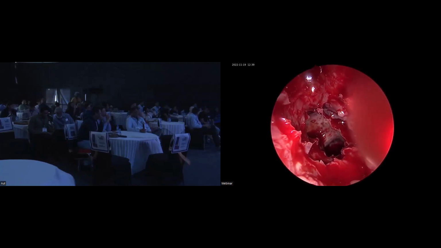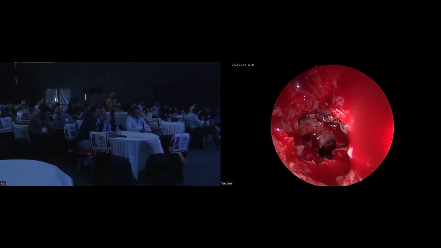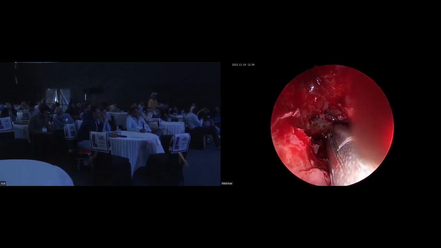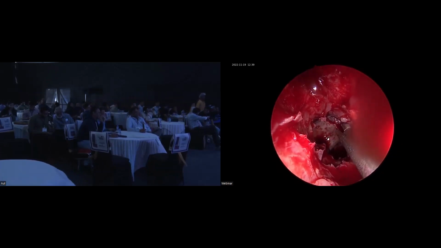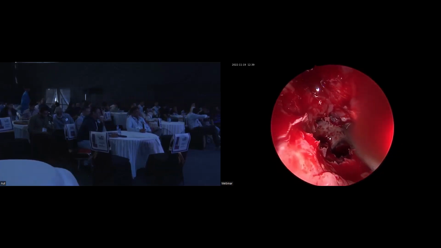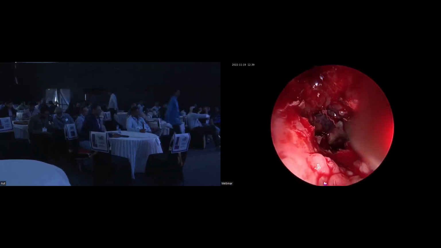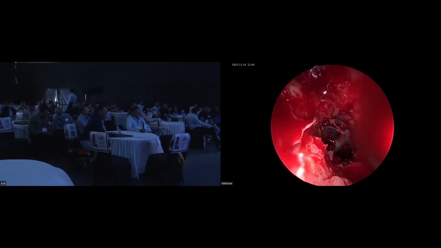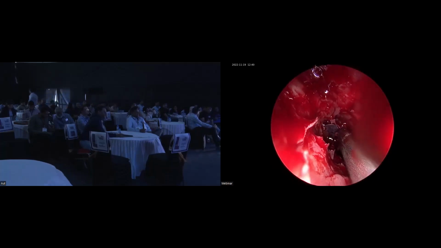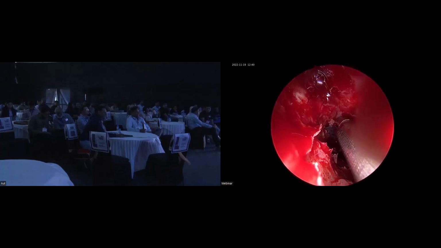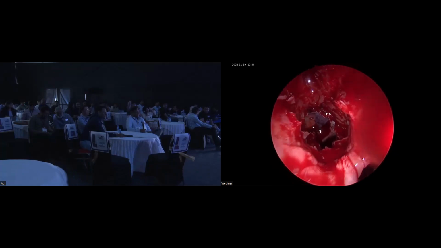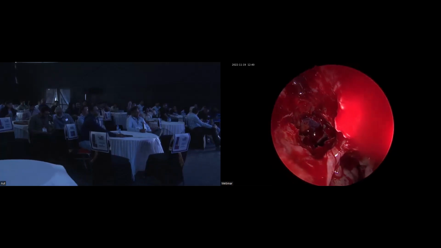And a punch also. Punch, please. Let us remove all that bone edges.